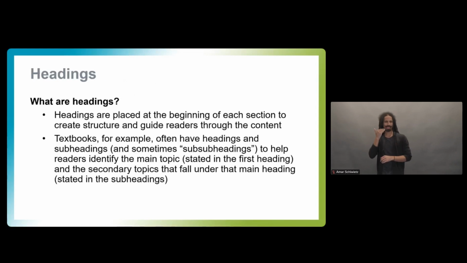So headings are, imagine a textbook. Often a textbook has a chapter name, and then within a chapter, there are sections of information, and those sections are often identified by a title. So we could call those headings. You might also think in textbooks, sections have subheadings or subsections, sometimes even more subsections.